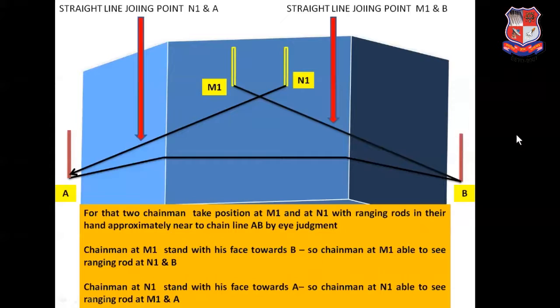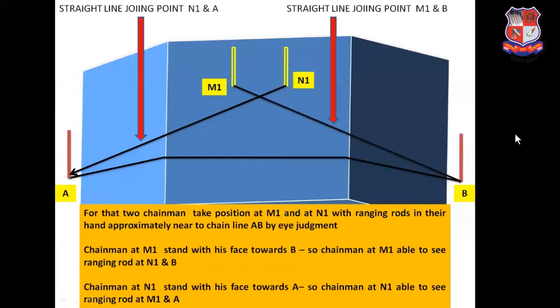Now, the chainman standing at location N1 with his ranging rod will face towards the ranging rod of station A, and the chainman standing at location M1 will face towards the ranging rod at B. So the chainman at N1 is able to see the ranging rods at M1 and at station A. In the same way, the chainman standing at M1 is able to see the ranging rod located at point N1 and station B.